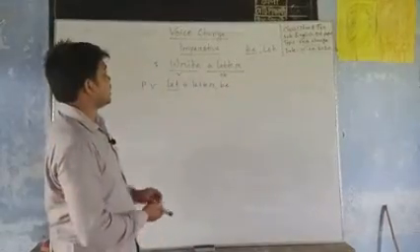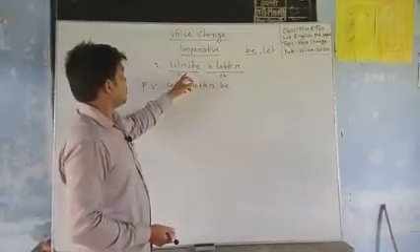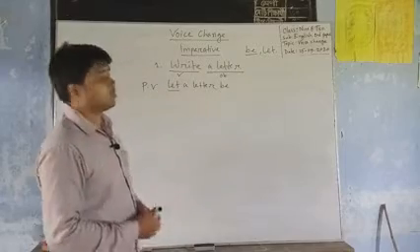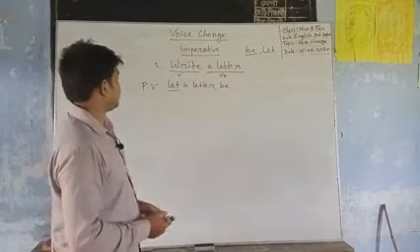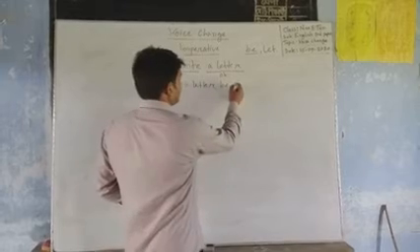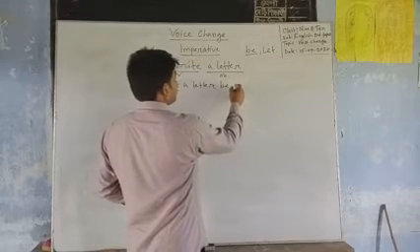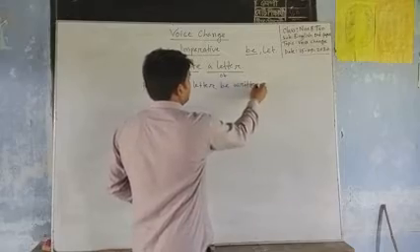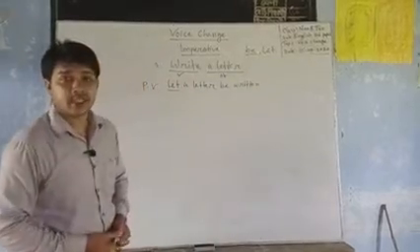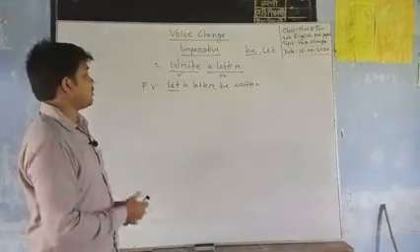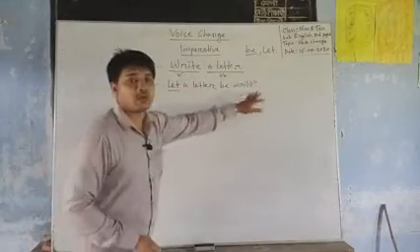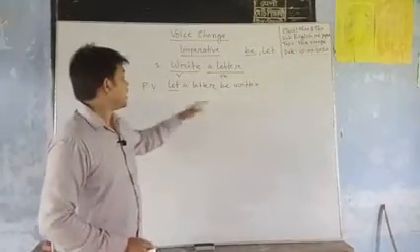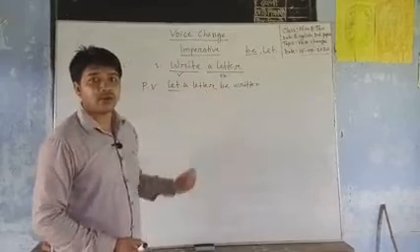Then comes the main verb write in its past participle form, written. Write a letter, its passive form: let a letter be written.